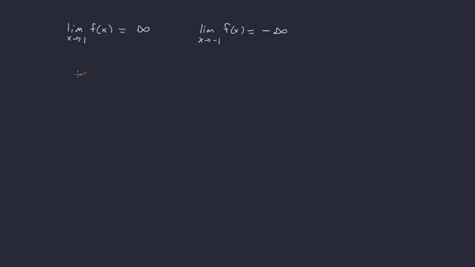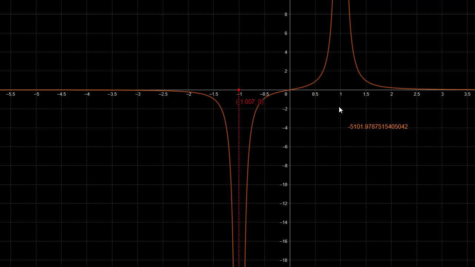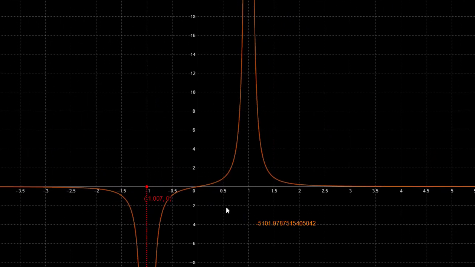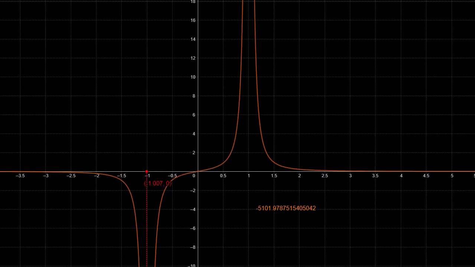So this is telling us that we have something like this at x equals 1, and this one's telling us we have something like this at x equals -1. Now that we have limits, we have a much better way to describe what vertical asymptotes are, because that's what these are that we just found. These are vertical asymptotes.